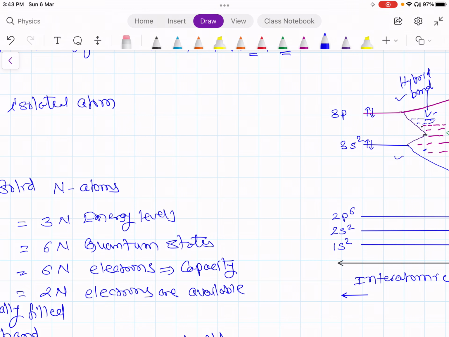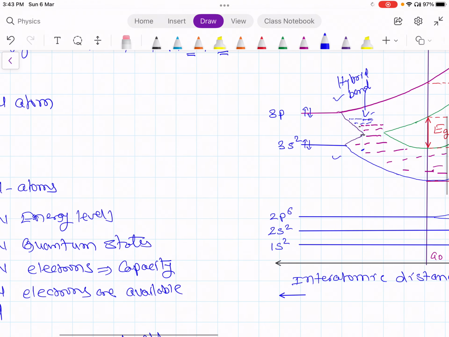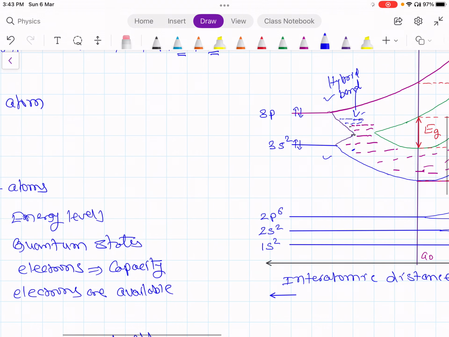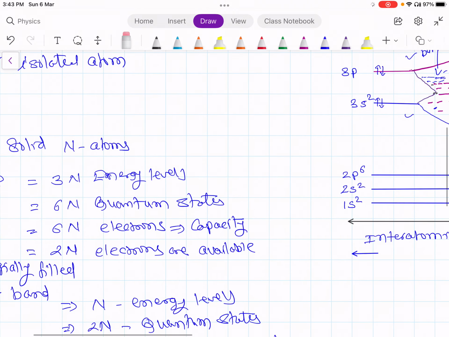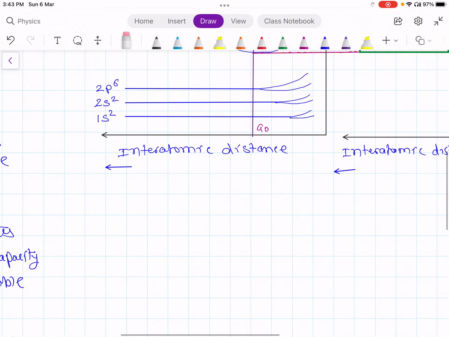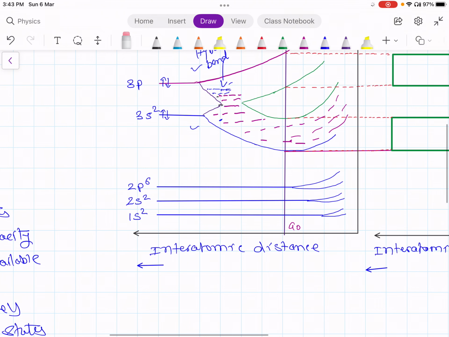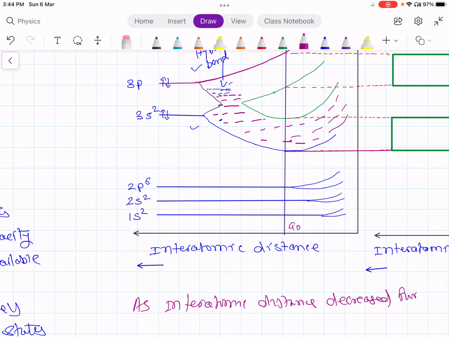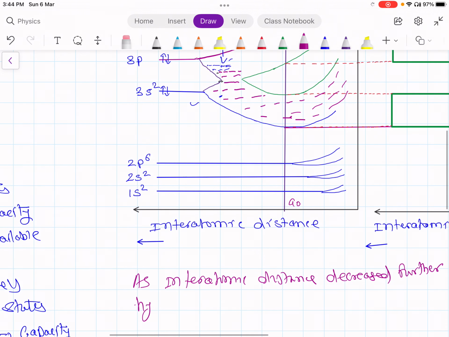As we decrease interatomic distance further, this hybrid band splits into two equal bands.